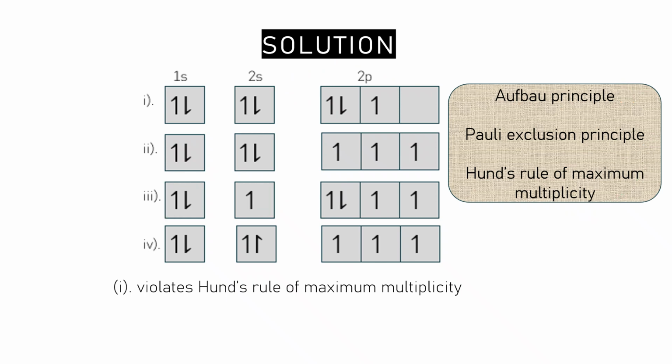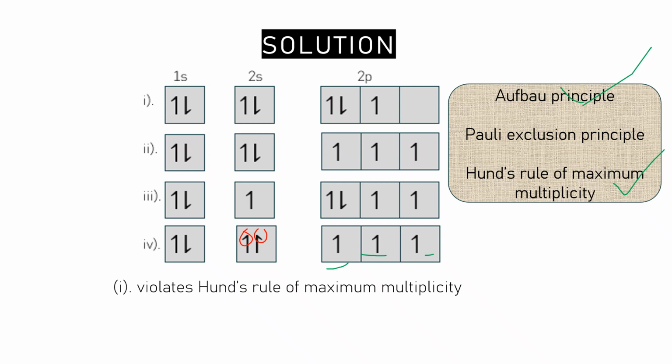Now for IV, what can we see? It obeys the Aufbau principle because orbitals of lower energy are first filled. It also obeys Hund's rule of maximum multiplicity since they are first filled singly. It doesn't obey Pauli's exclusion principle, because you can see that the spins are not opposite.